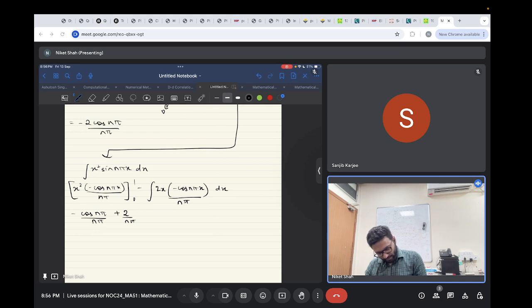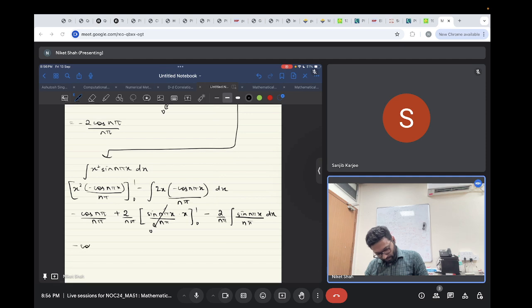Actually, I can take this outside. Plus 2 by n pi times the integral of x cos(n pi x), which makes this the integral of cos, which is sin(n pi x) divided by n pi, times x, from 0 to 1, minus 2 by n pi times the integral of sin(n pi x) divided by n pi dx. This goes to 0, so 1 and 0 both will give me 0.